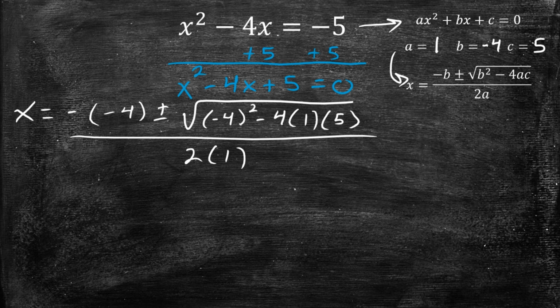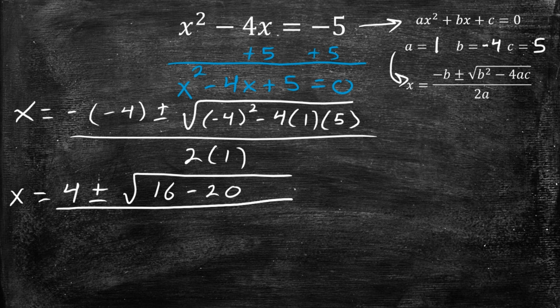So now let's go ahead and simplify. X is equal to negative negative 4, which is positive 4, plus or minus the square root. 4 squared is 16, and then negative 4 times 1 times 5 is negative 20, and that is all over 2.